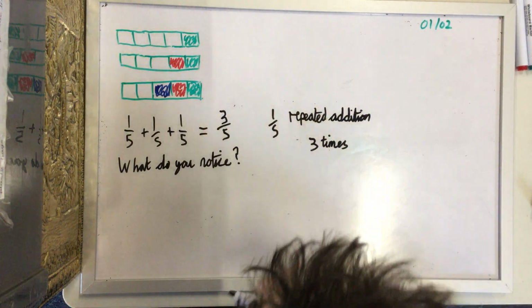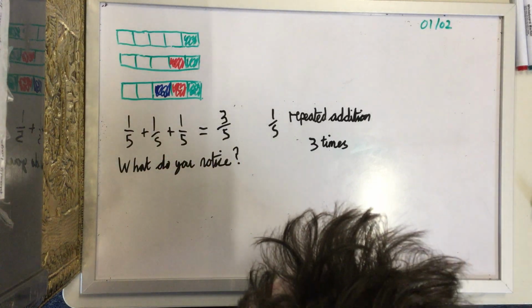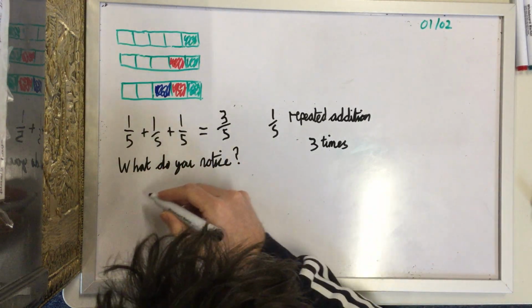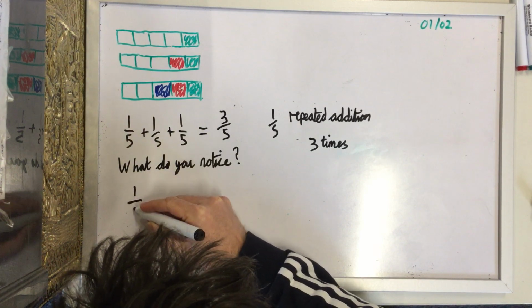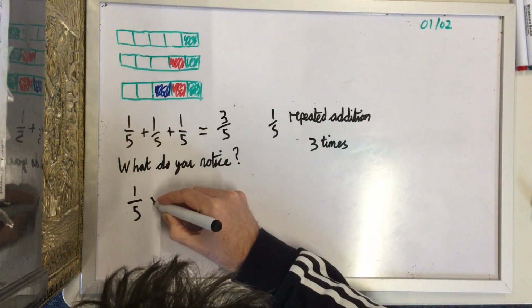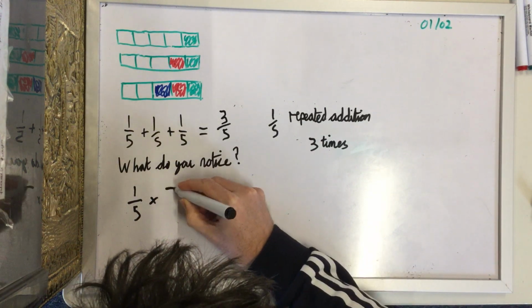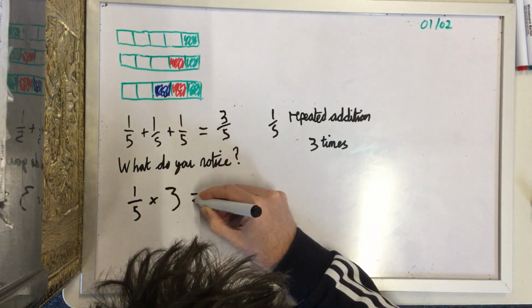Okay, and if you have a think, how could we write that? That might bring you very quickly to think what I've actually done there. I've added it 3 times. So what I've actually done is 1/5 multiplied by 3, and it's given me 3/5.